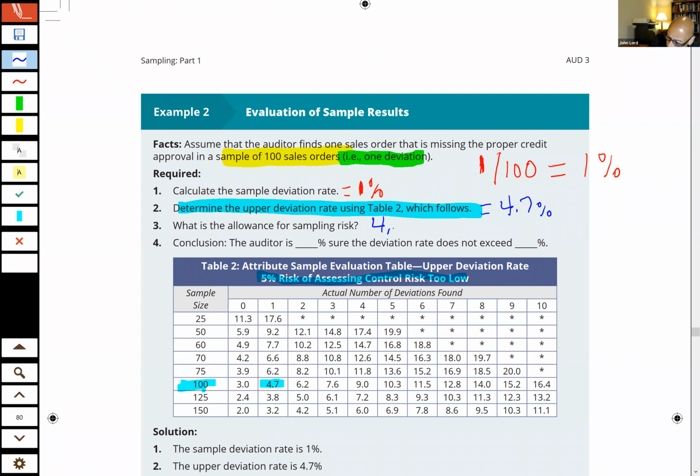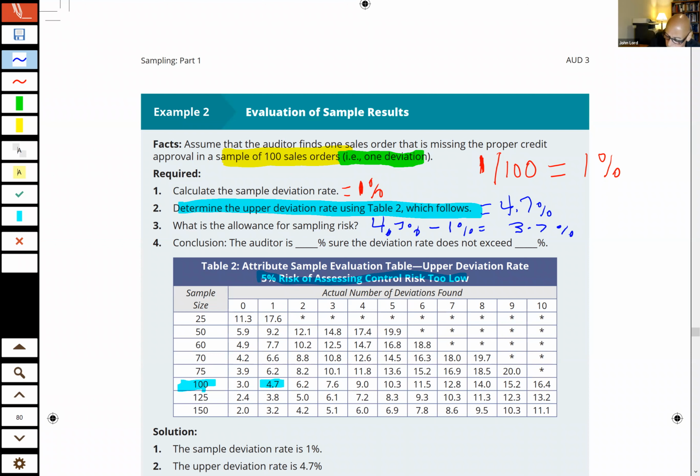Now they ask, what's the allowance for sampling risk? Well, we have given ourselves a cushion, haven't we? 4.7% minus the 1% means we've given ourselves a cushion of 3.7%. Even though we found one deviation, we're saying it could be as high as 4.7%.